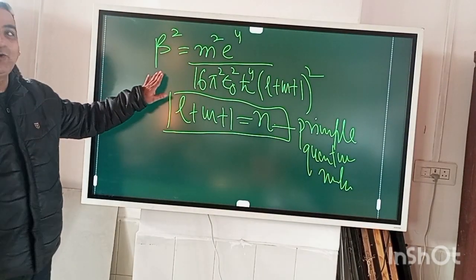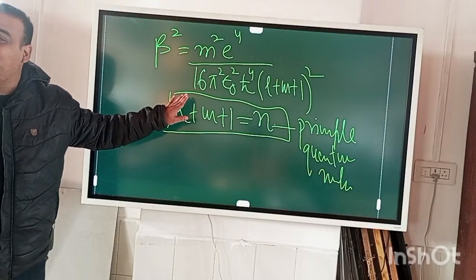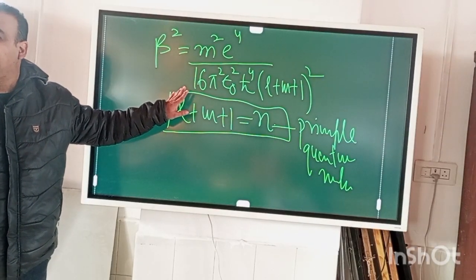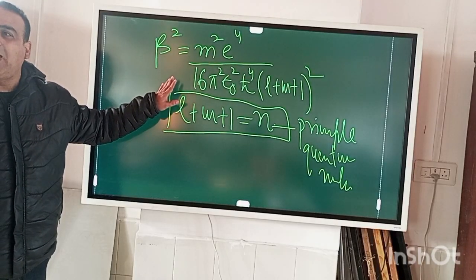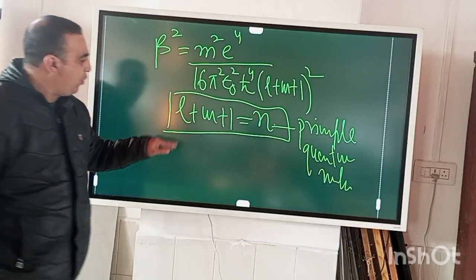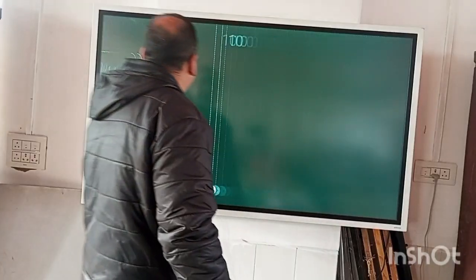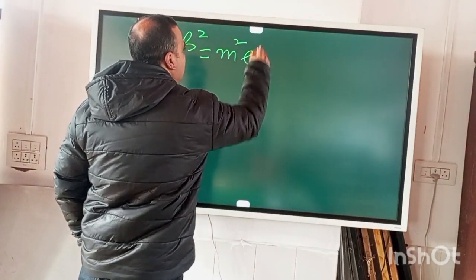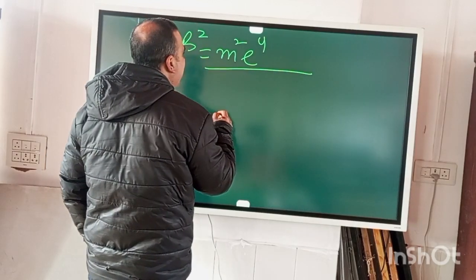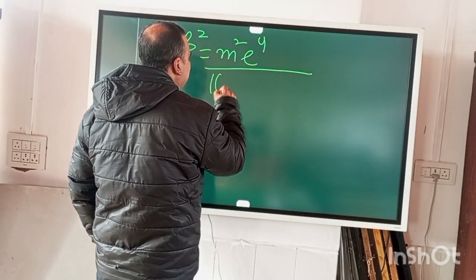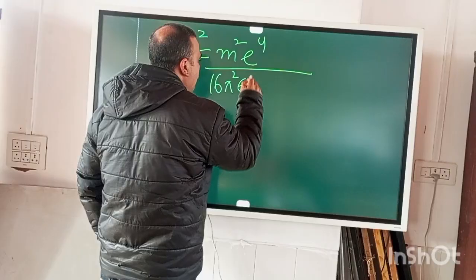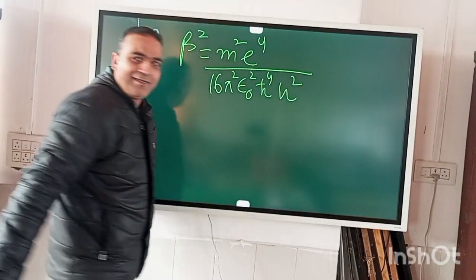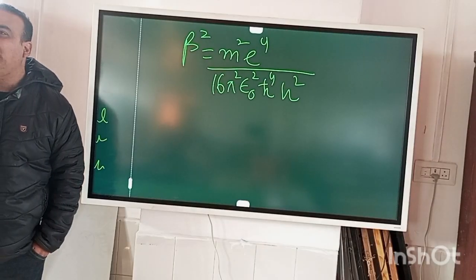So we are coming close to what was postulated by Niels Bohr. We are getting those things naturally by solving the problem of the hydrogen atom. So beta squared will be m squared e to the power of 4 divided by 16 pi squared epsilon naught squared h bar 4 n squared.